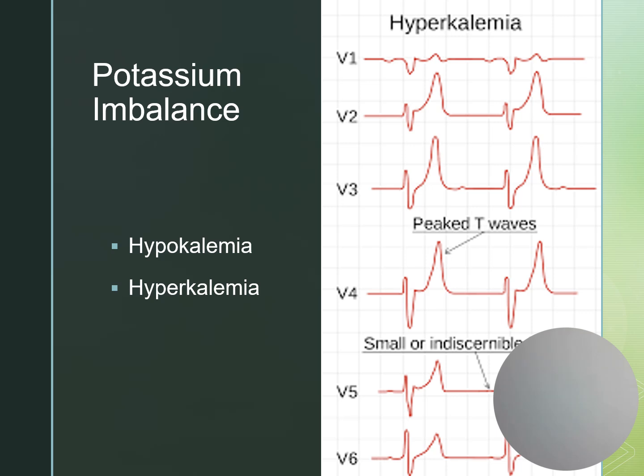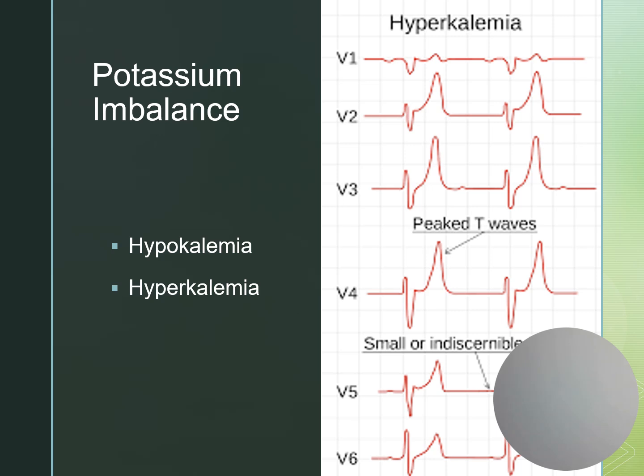Potassium. It is going to help maintain normal nerve and muscle activity in our bodies. Our normal ranges are 3.5 to 5.0.